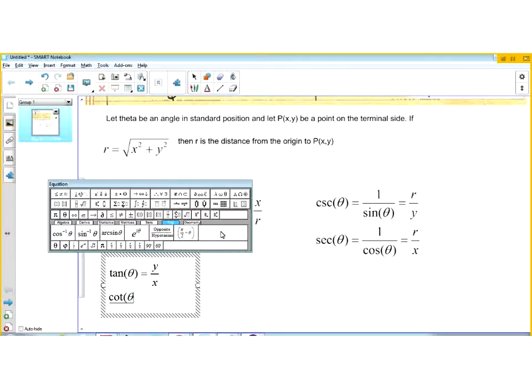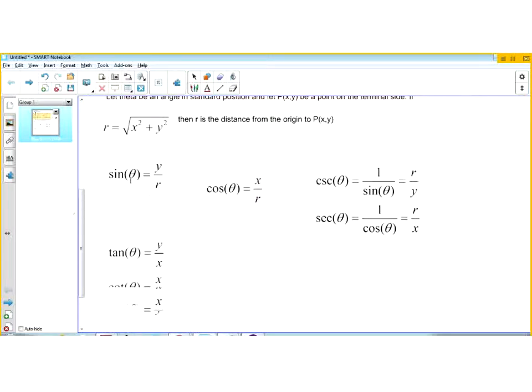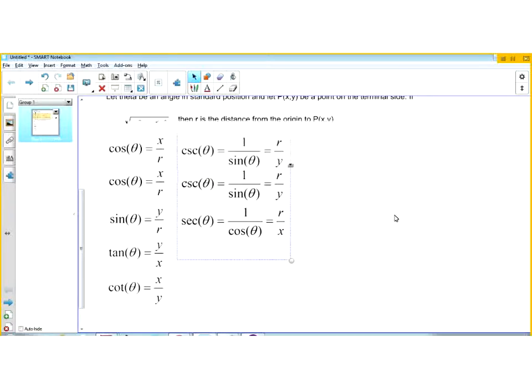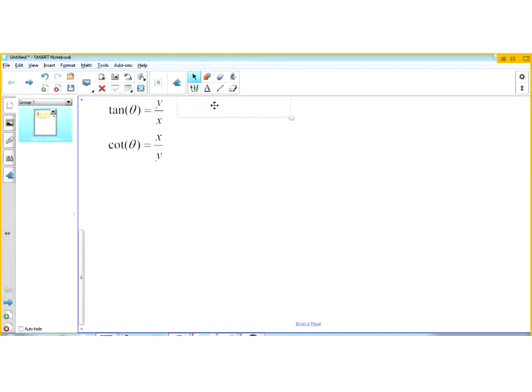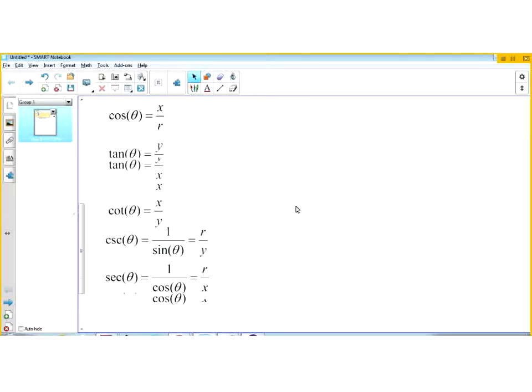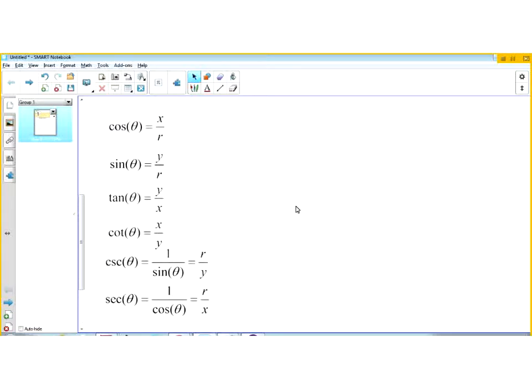So memorize these 6 functions and understand what they mean geometrically. All right, so the 6 trigonometric functions. Here they are. Okay, so there are all 6 of them right there. So those 6 equations you have to memorize.